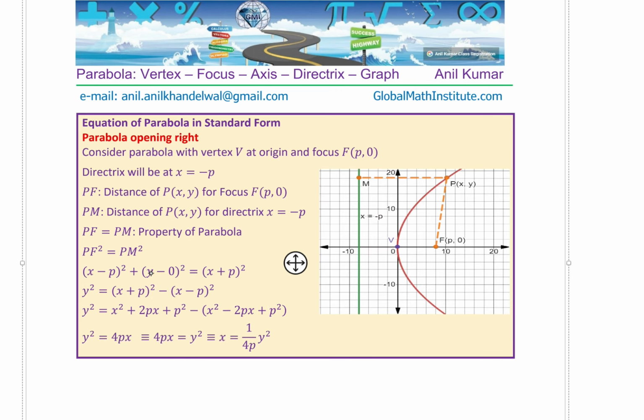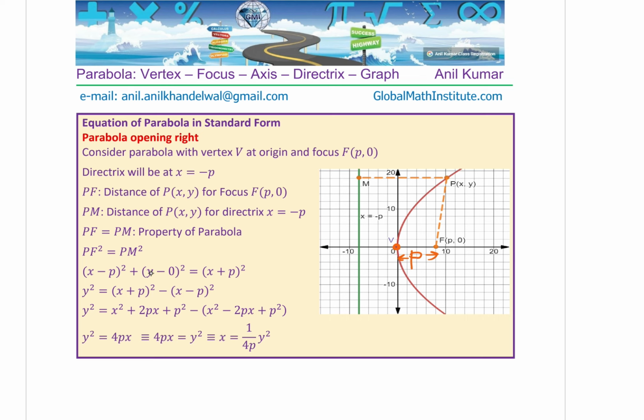So here is the derivation of the equation for a standard form of parabola. To derive the equation, the basic concept is we'll consider a parabola with the vertex at the origin. So that gives us the standard form. So that is the vertex. The directrix will be at x equals minus p, since the distance between the vertex and the focal point is p, right?